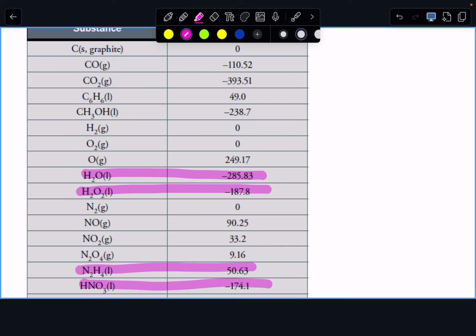All right, those are the ones we need to use, I think. Make sure you remember it's products minus reactants.